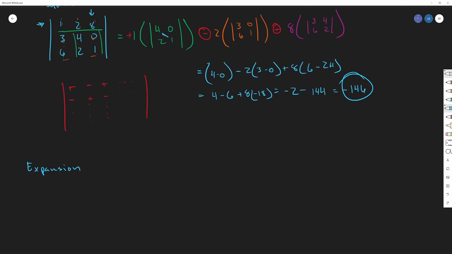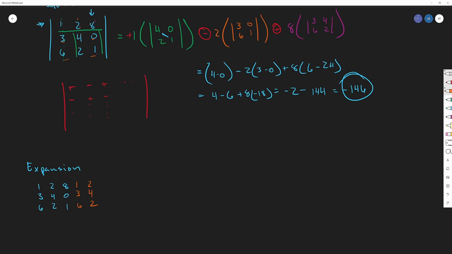So we're just going to go ahead and rewrite it: 1 3 6, 2 4 2, 8 0 1. And then what we're going to do now is expand it by copying the first and second column. So 1 3 6 2 4 2.